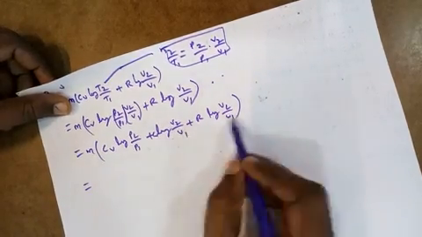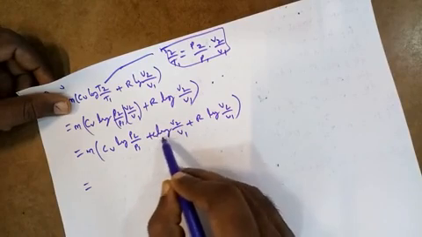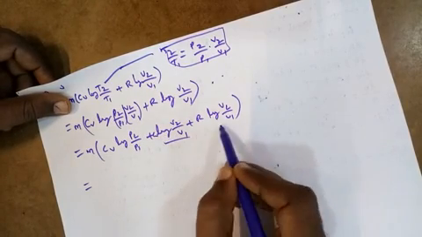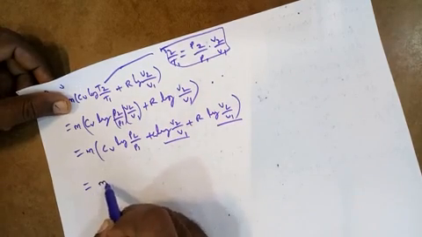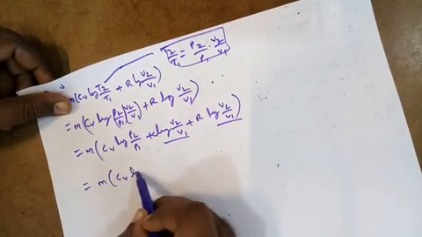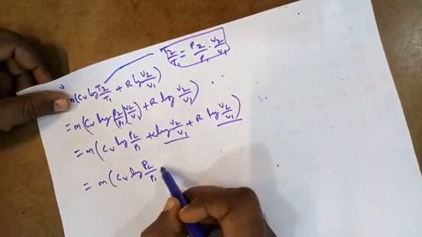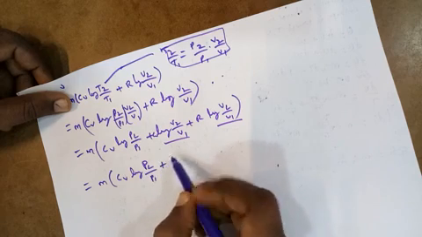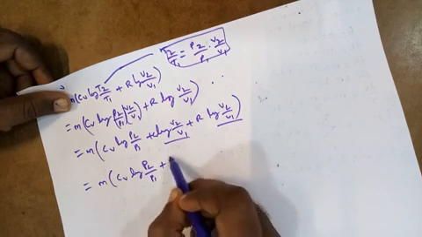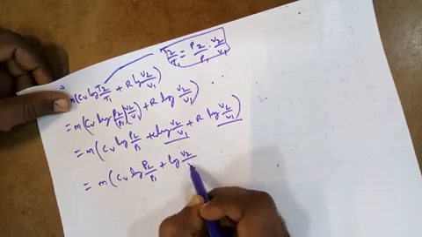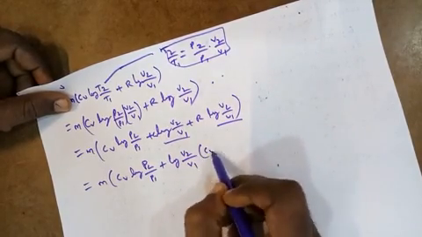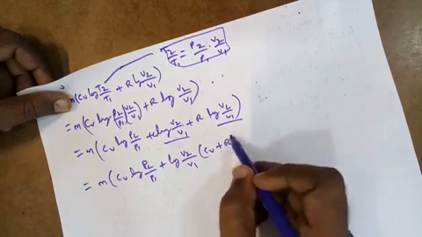You can identify that these are both log V2 by V1. So Cv log P2 by P1, and make log V2 by V1 common, that is Cv plus R.